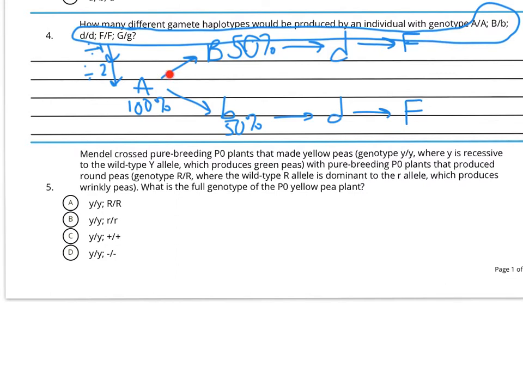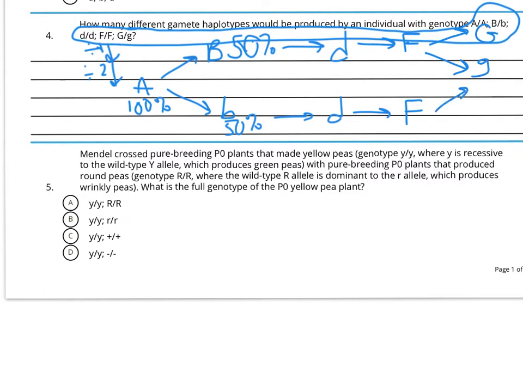So to this point, we started out with all of our gametes we know are going to have a big A. Half of them have a big B, half a little b. All of them have little d's and big F's. What now for the last step? Half of the big A, big B, little d, big F either get big G or little g.